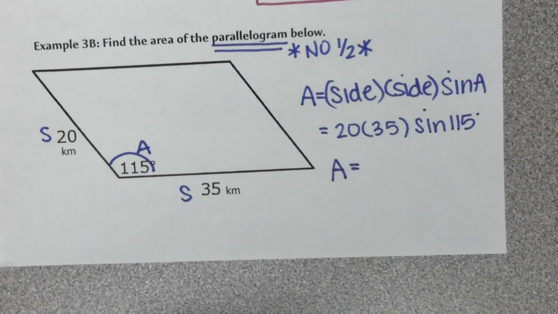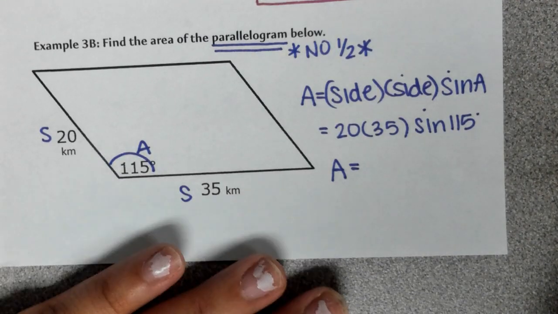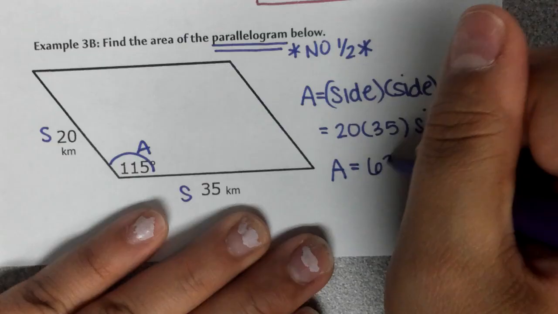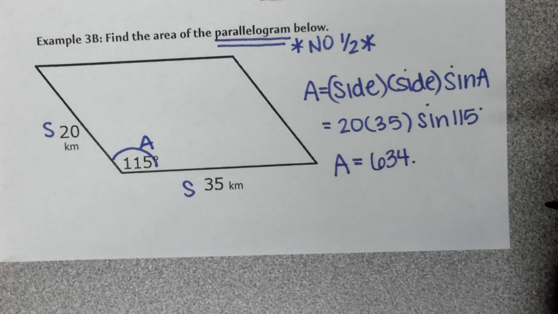Put that in Desmos, please. What do y'all get? 415.